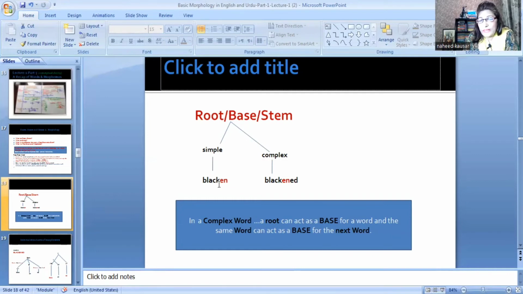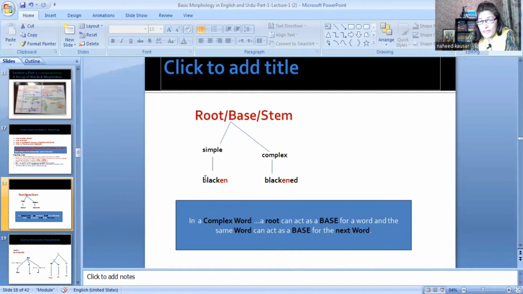So here we can say that black is the root, and once it is considered as blacken, black will be the base for the en to form the word blacken.